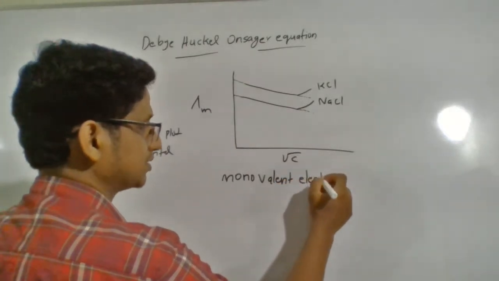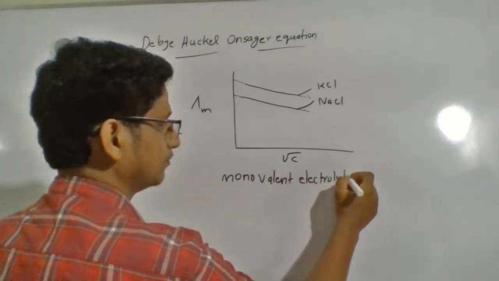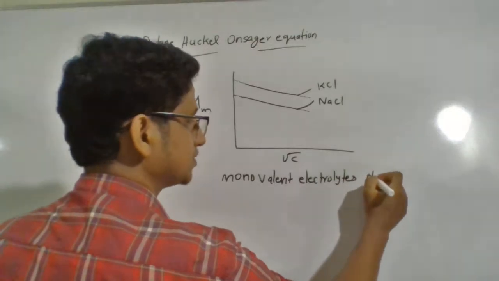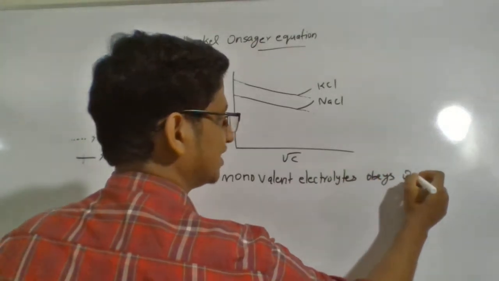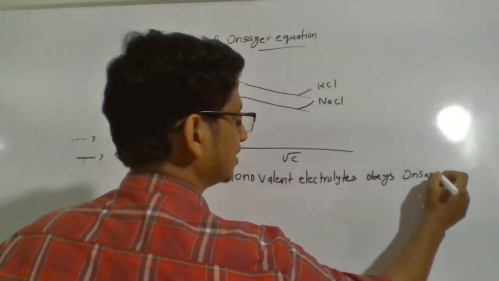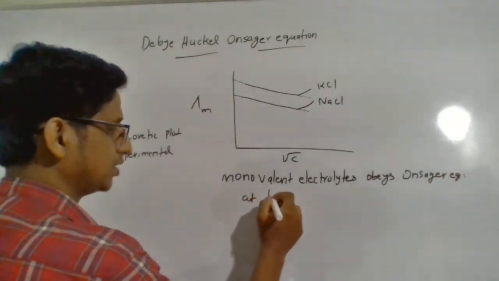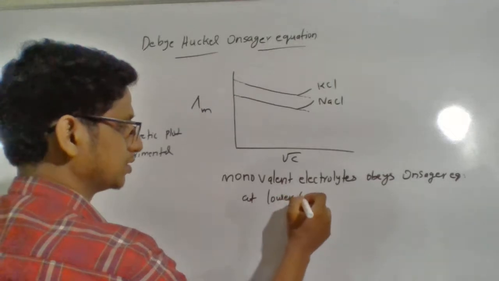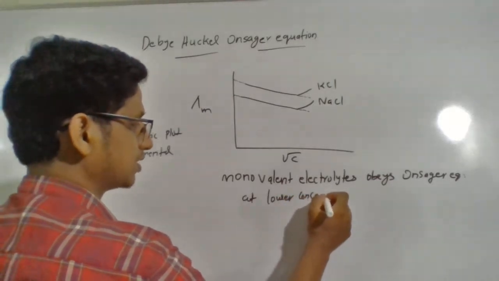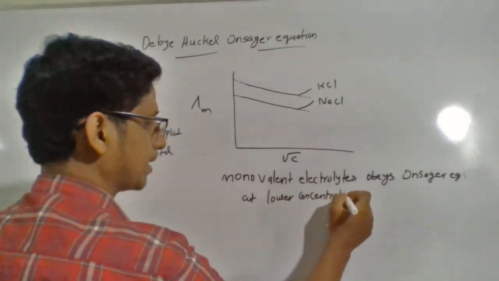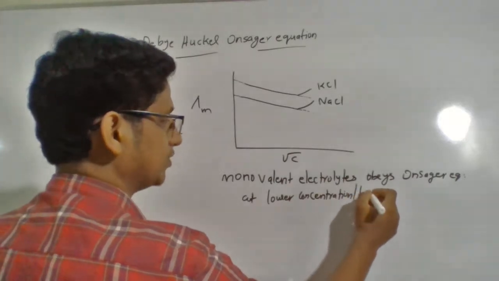Monovalent electrolytes obey the Onsager equation at lower concentration, or higher dilution.